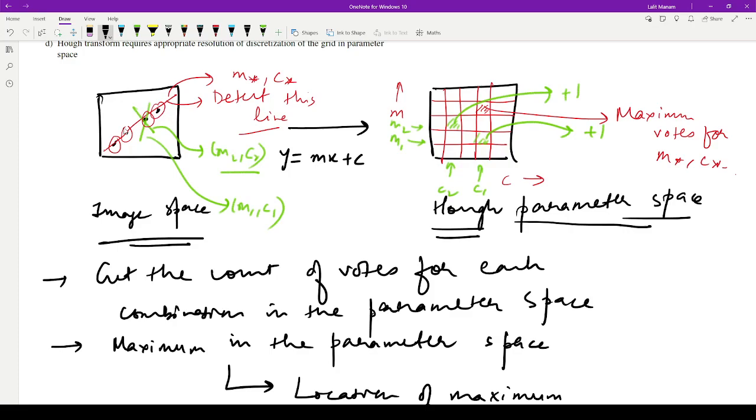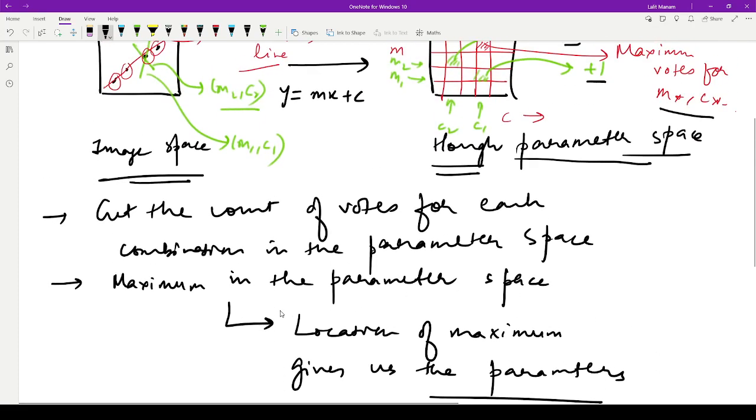Here, for instance, it's just a line, and for the specific parameters we see how many of the points actually support that curve, and based on that we add the count here. Once we sweep over all possible parameter space, here the slope and the intercept M and C, we just need to find the maximum of votes, which will give us M star and C star, the location in the parameter space.